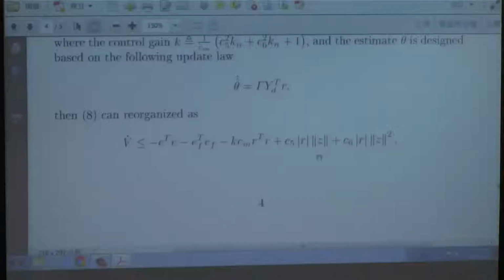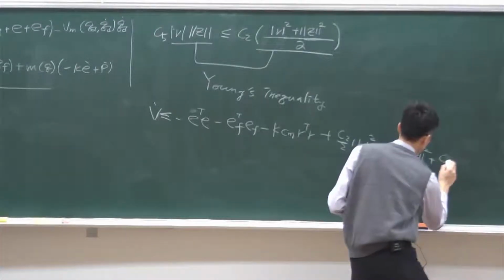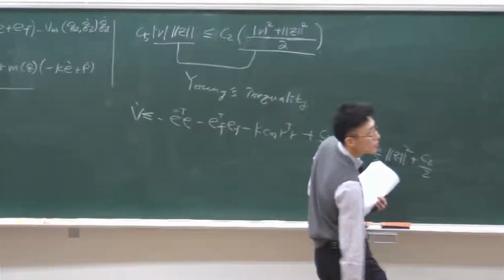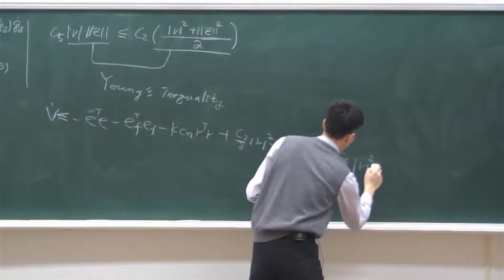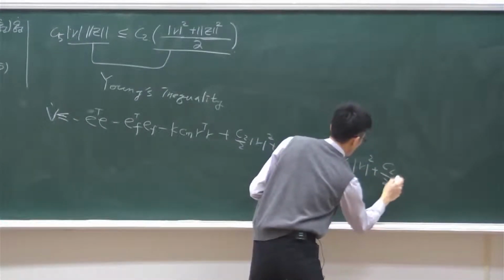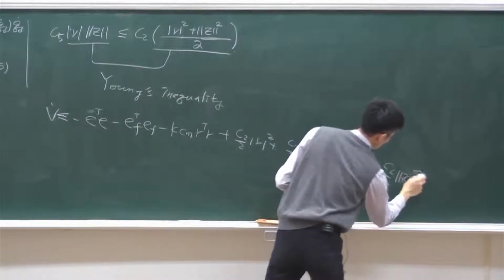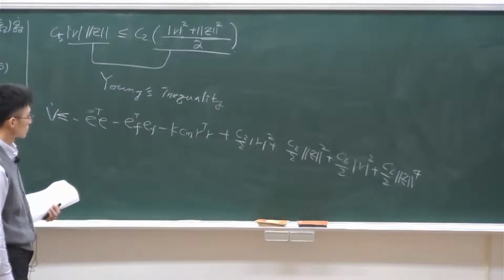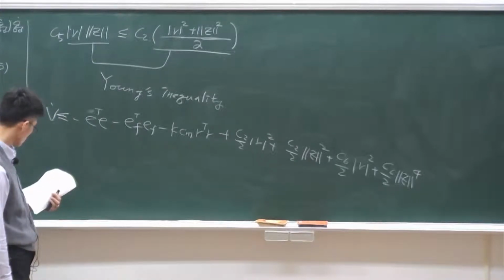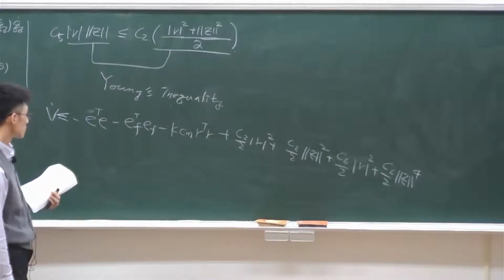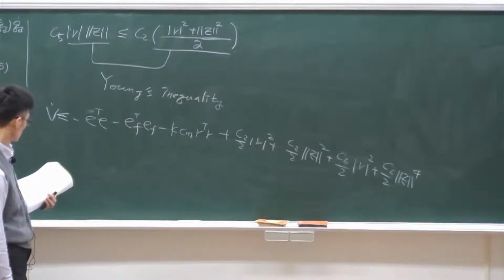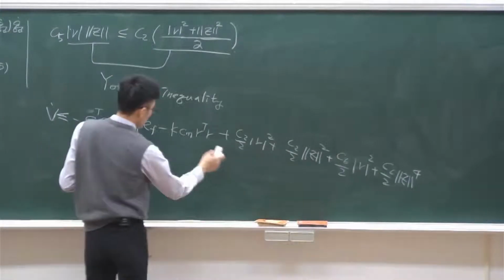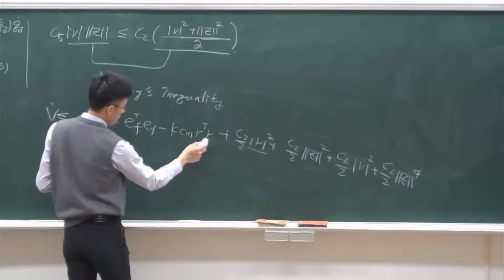Okay, and again, that term can be upper bounded by, right? So it combines, you have R squared term, you have R squared term here.